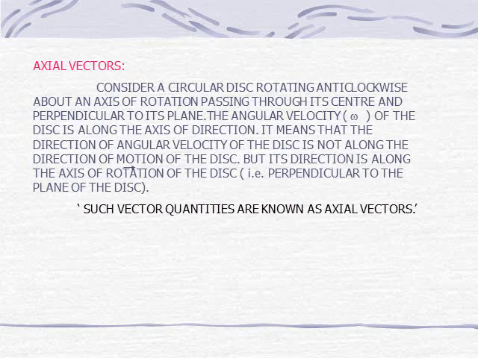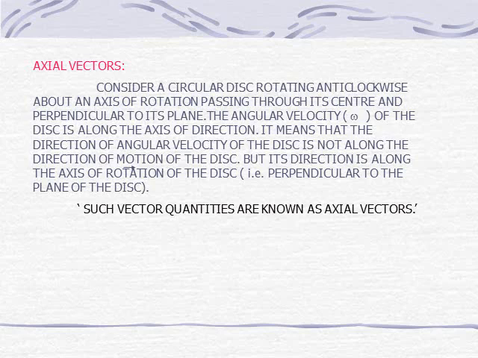Now the second type, axial vector. Consider a circular disk rotating anti-clockwise. You may also consider the clockwise direction about an axis of rotation passing through its center and perpendicular to its plane. So the angular velocity of the disk is along the axis direction.